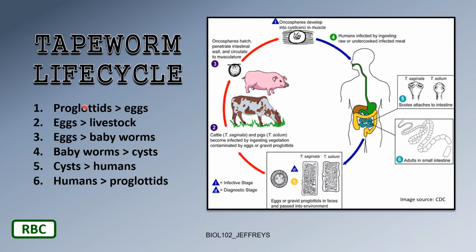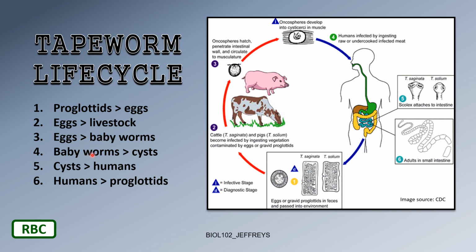So proglottids are the segments where the eggs are held. Remember, these eggs are fertilized. The eggs are ingested by livestock. The eggs hatch into larval worms.